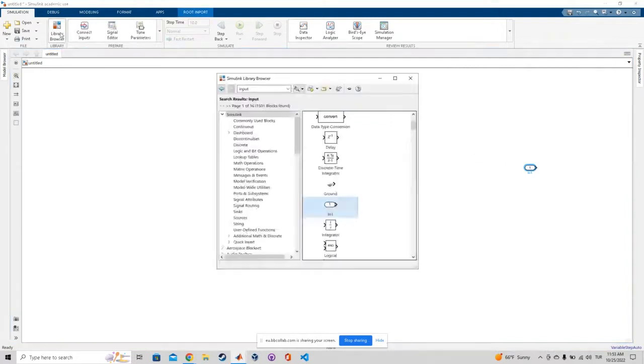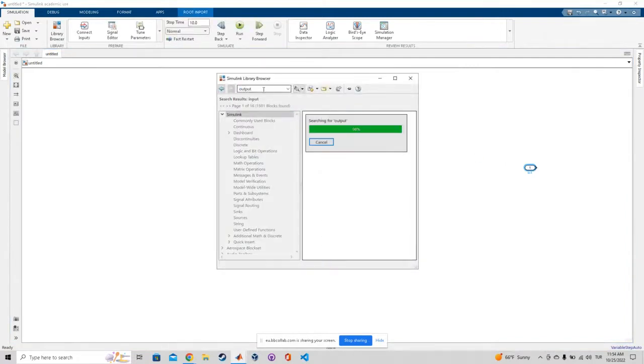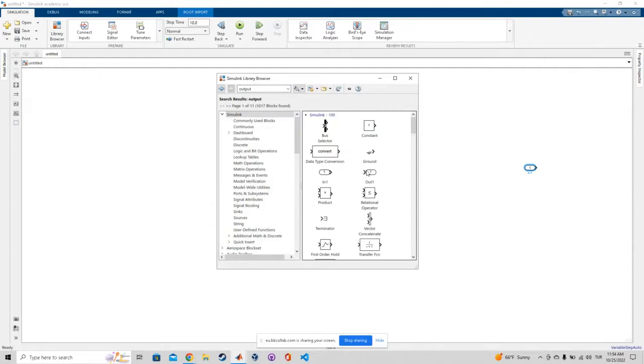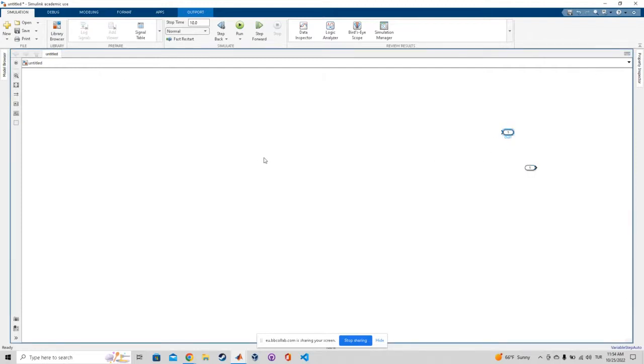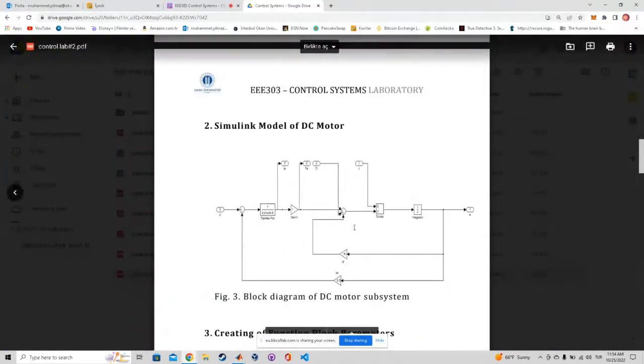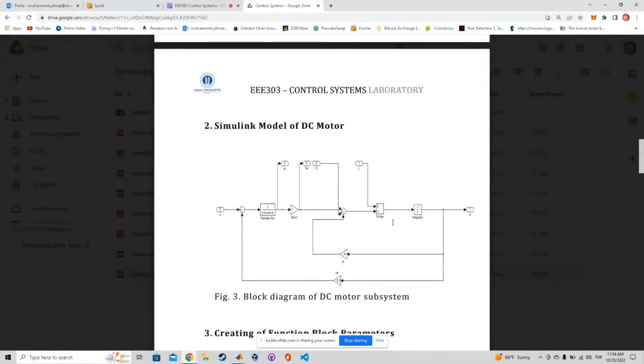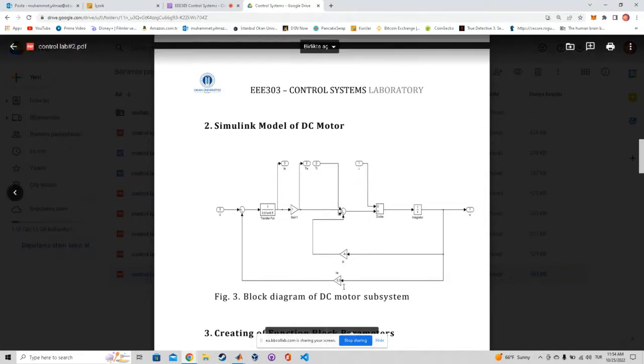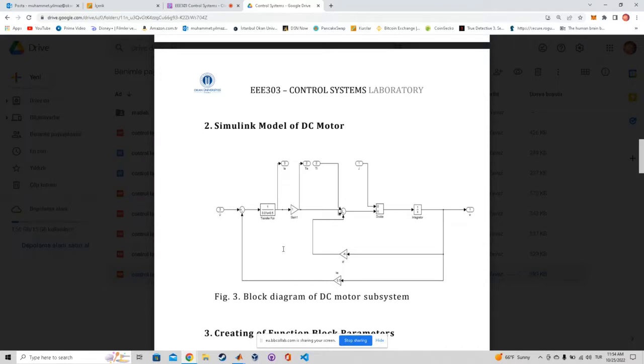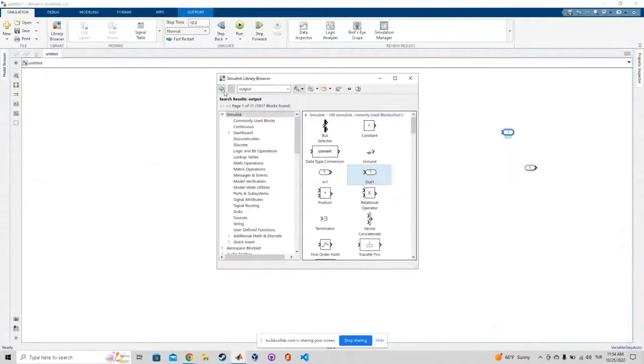Okay, we get one input and another output. And then in our model, we have an integrator, a transfer function, divide function, and sum. We have a few gains, and we have a transfer function. Okay, let's add our transfer function to it.